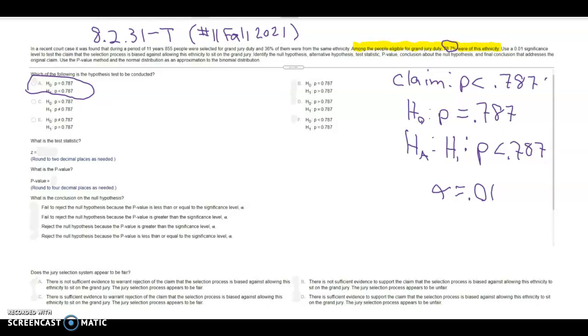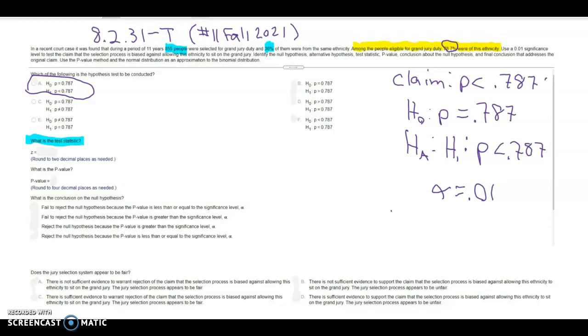For the next part of this problem, we're going to find our test statistic Z. For proportions, we do a hypothesis test, and it is a 1-prop Z test. For this test, we'll need to know our null and alternative hypotheses, but we also need to know that n is 855 people, and 36% of them were from the same ethnicity.